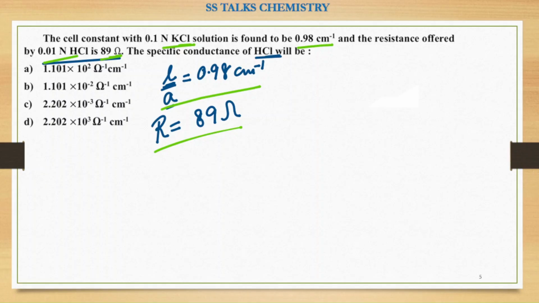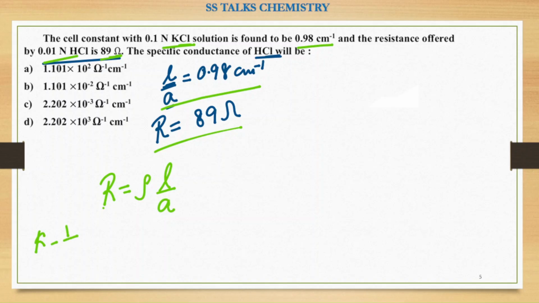Since the cell is the same, as I said, the cell constant is going to remain the same. We know that R is equal to rho L by A, right? Where rho is the resistivity, R is the resistance, and L by A is the cell constant. Now we are given the resistance value and we need to find the specific conductance, so kappa we have to find out.